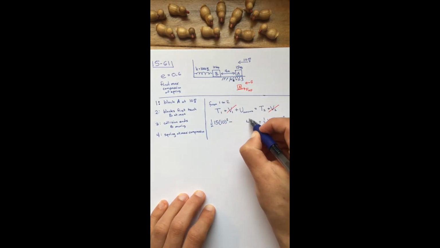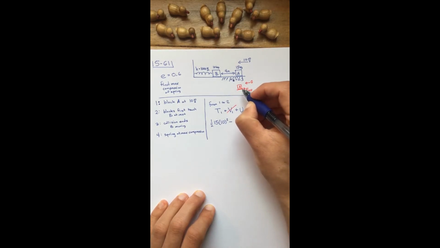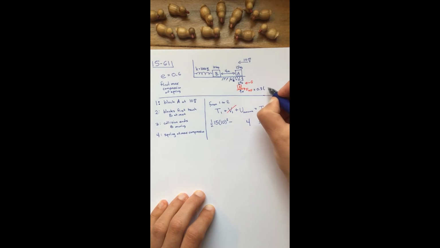The distance is 4. And for the force of kinetic friction, if I look at the forces acting in the vertical direction, I have the normal force acting upward. I have the force of gravity for block A acting downward. Those are my only forces in the vertical direction. So the force of kinetic friction is the coefficient of kinetic friction times the mass of the block, which is 15 times 9.81.